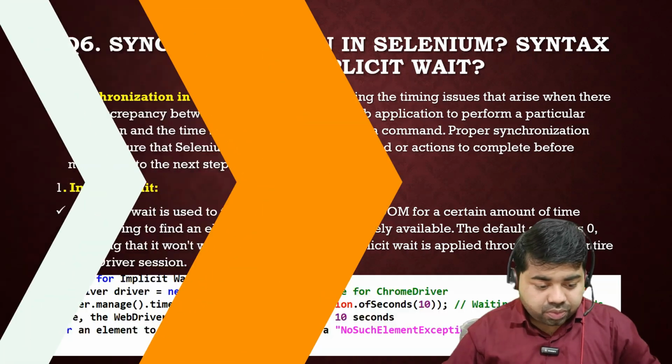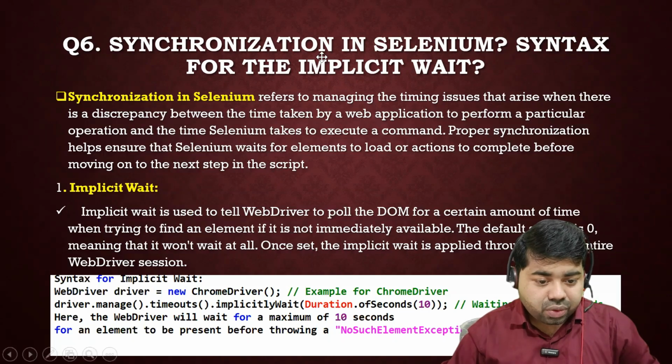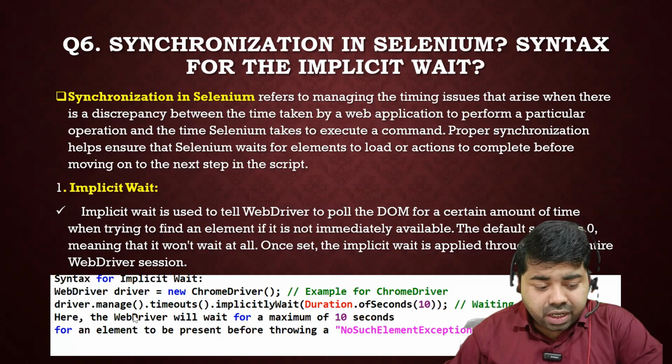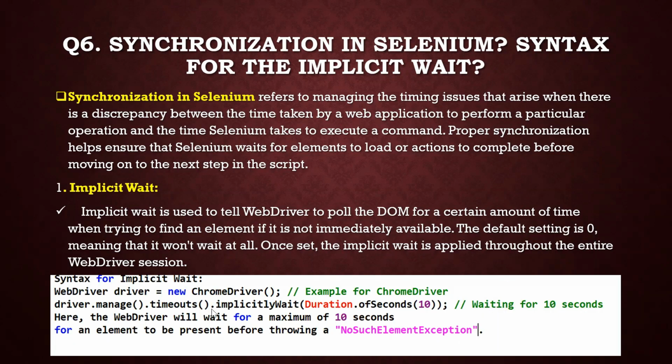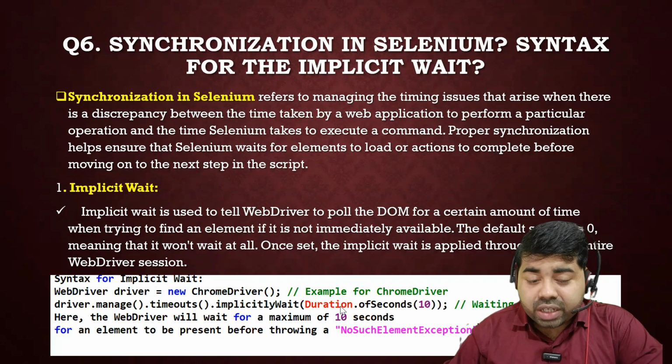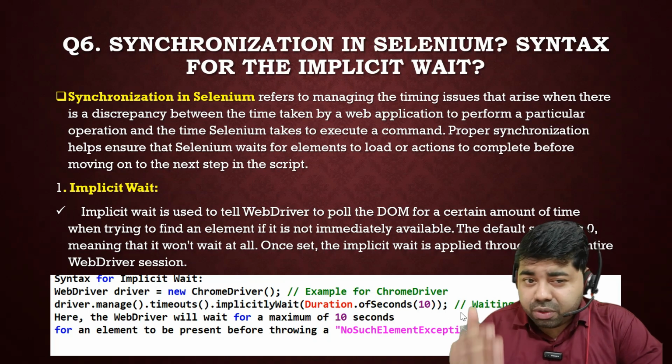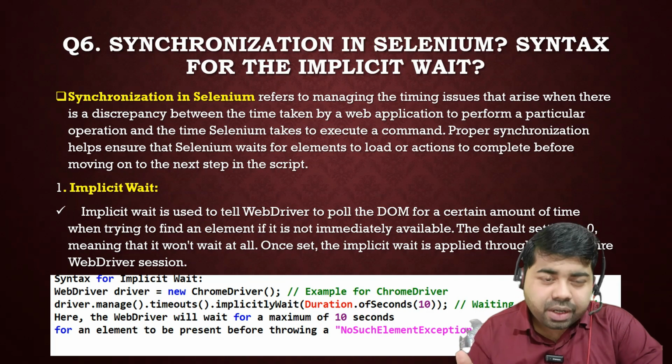Okay, so they have also asked, can you please write the syntax of implicit wait? So we can write driver.manage().timeouts().implicitlyWait() is your method, and you're passing Duration.ofSeconds, so we are waiting for 10 seconds. It will wait for the complete DOM, right?